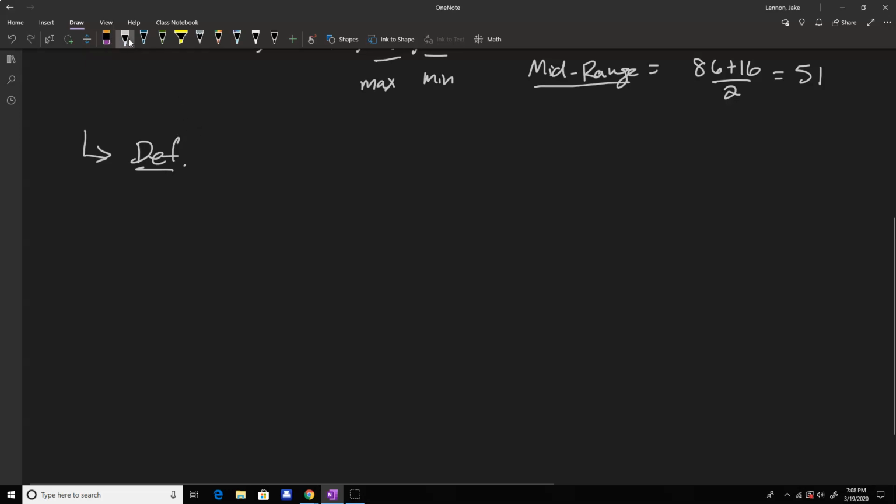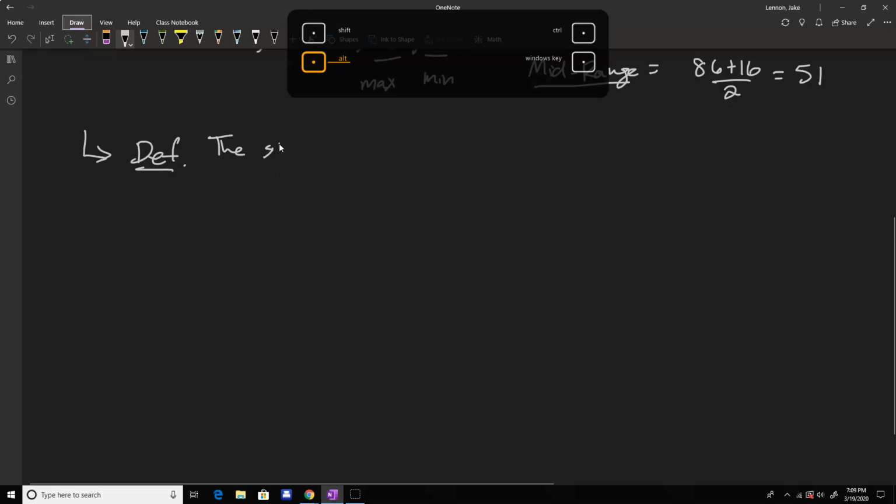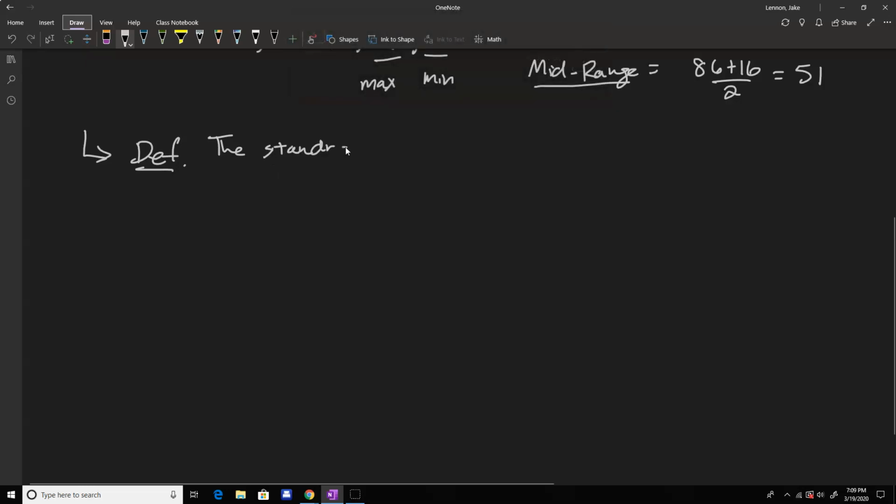So what is this? This is basically the standard deviation. Sorry, I misspelled that.